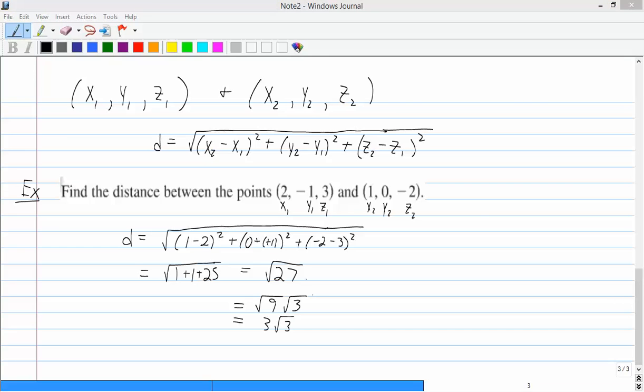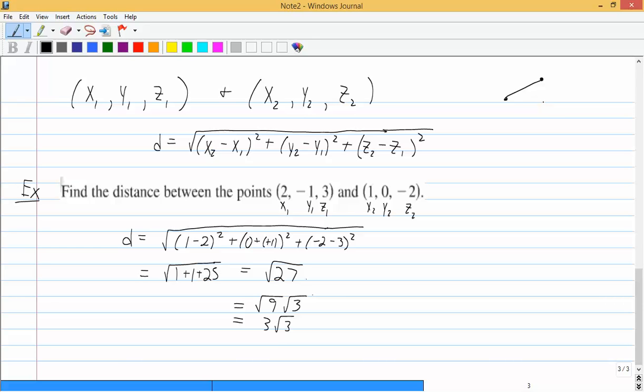So I got a distance of 3 square roots of 3. And so, what does this actually give us again? This gives us the distance between 2 points, right?